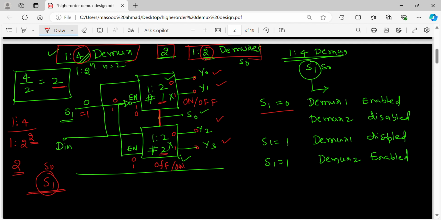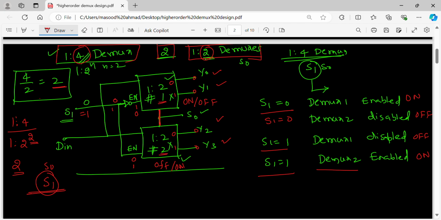Now this is going to function. So on the whole, when S1 is 0, Demux1 is enabled or on, and this is off. When S1 is 1, Demux1 is off, and Demux2 is on.